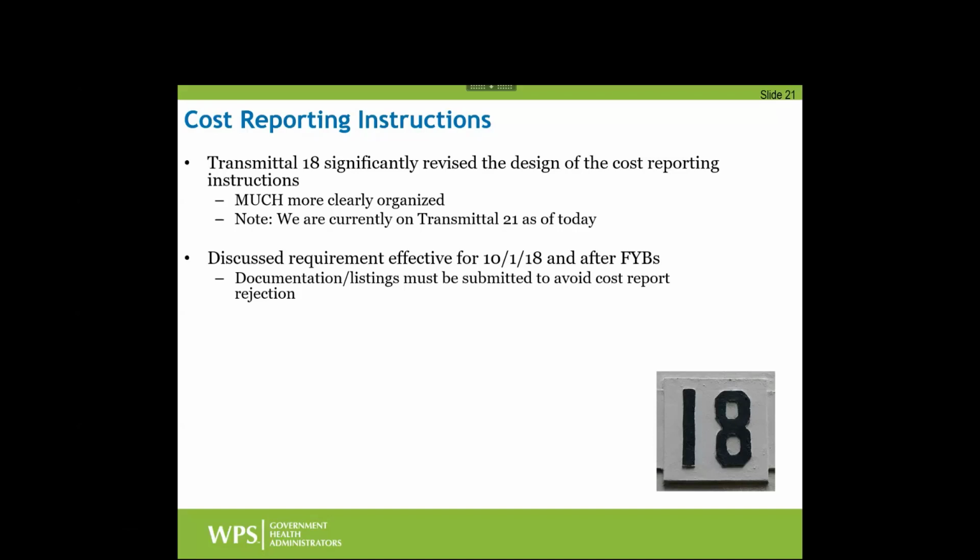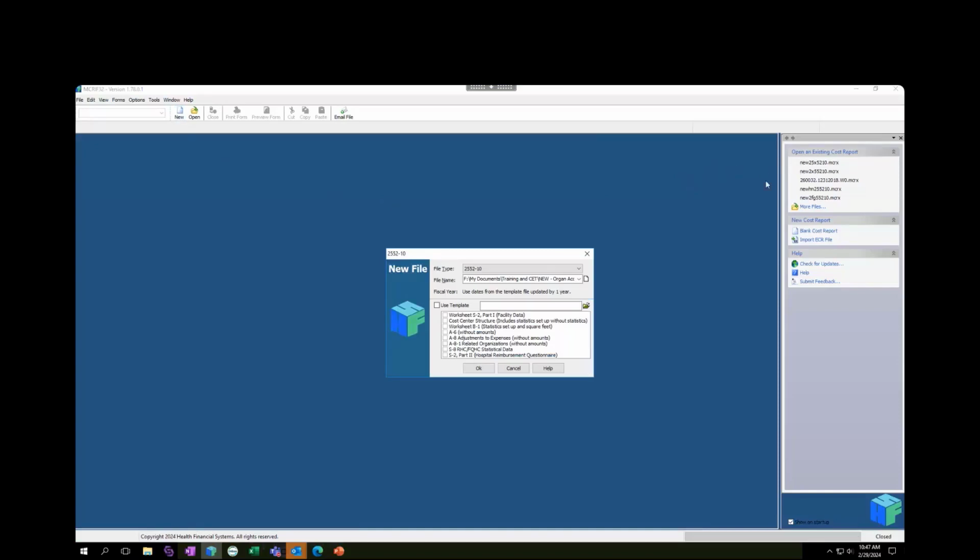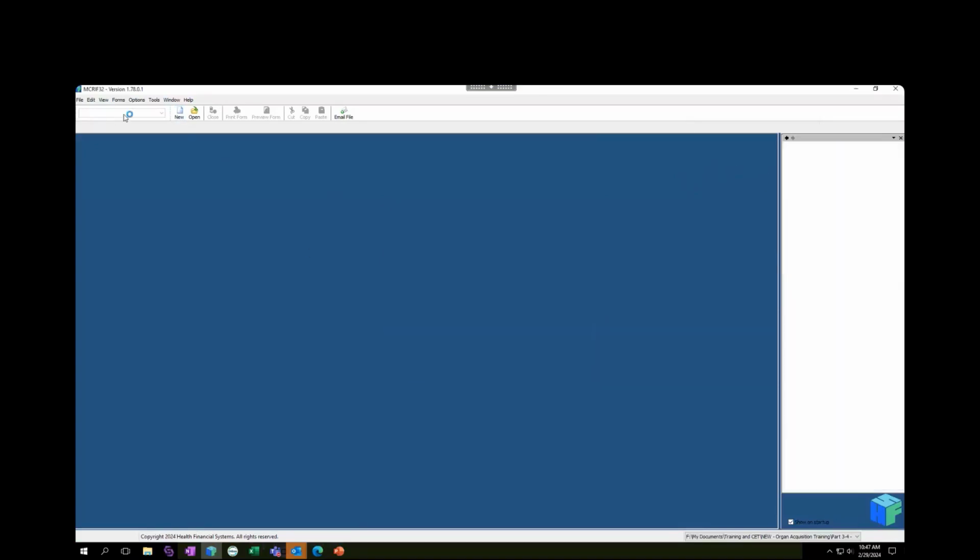But at the time of submission, technically, you just needed to have some sort of spreadsheet with patient level data that supported your total amount. Now, 10-1-22 and after, there's a very stringent template that must be used now. So that's the difference.